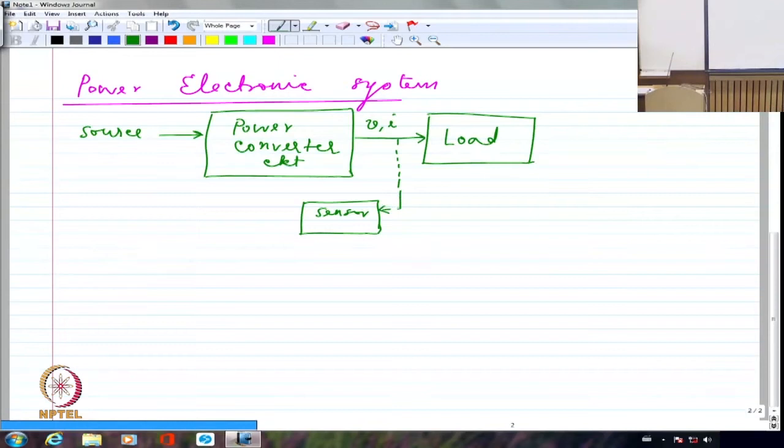Maybe if it is a battery, it is good enough for me to sense only the voltage and current. If it is an induction motor, I need to sense voltage, current, as well as maybe torque and speed. So depending upon the kind of load, I may have more than electrical quantities being sensed.